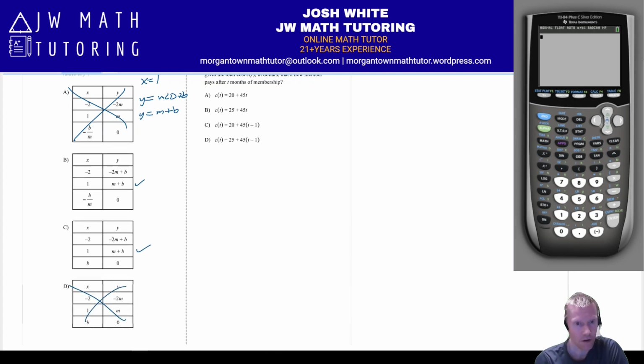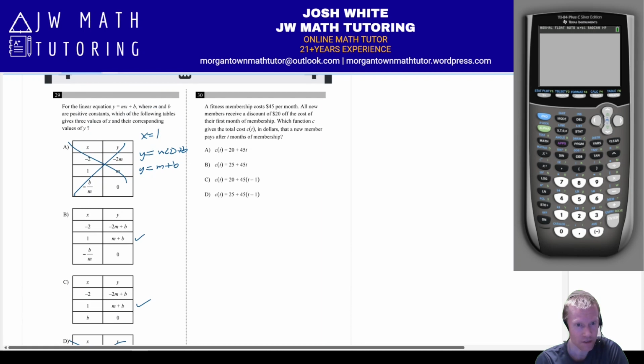So now for comparing B and C, you just have to pick one of the 2 x values and plug them in. Let's look at C. I'm going to plug in b for x. Look at the third point listed there.